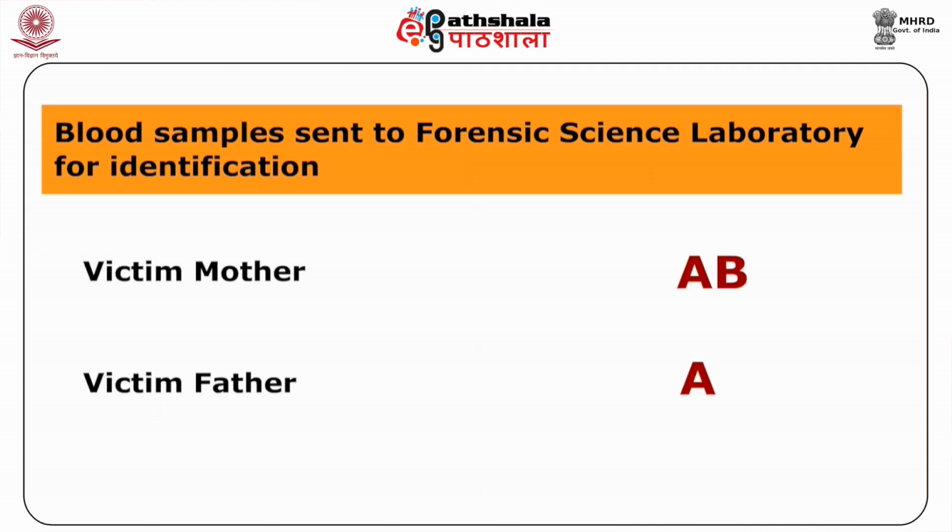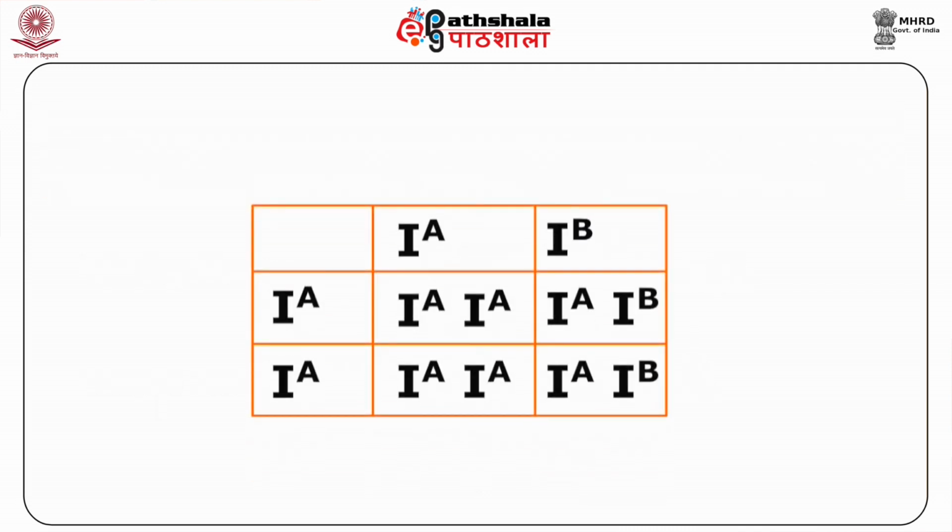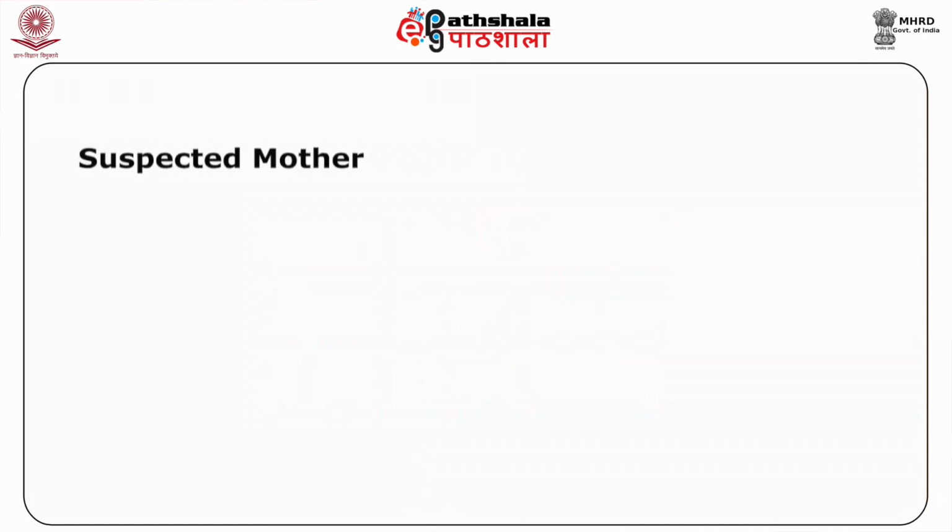So, as per the rule, the various probabilities will be IA IA, IA IB, IA IA, and IA IB. Therefore, the possibility of the blood group of the child of this couple will be A and AB.